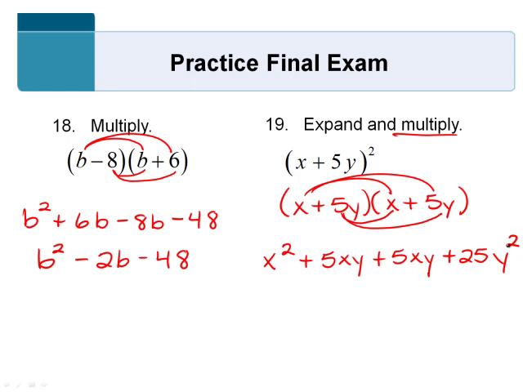Be careful about that y squared. So, when we combine, x squared comes down, but you've got like terms here, 5xy and 5xy adds up to positive 10xy plus 25y squared.